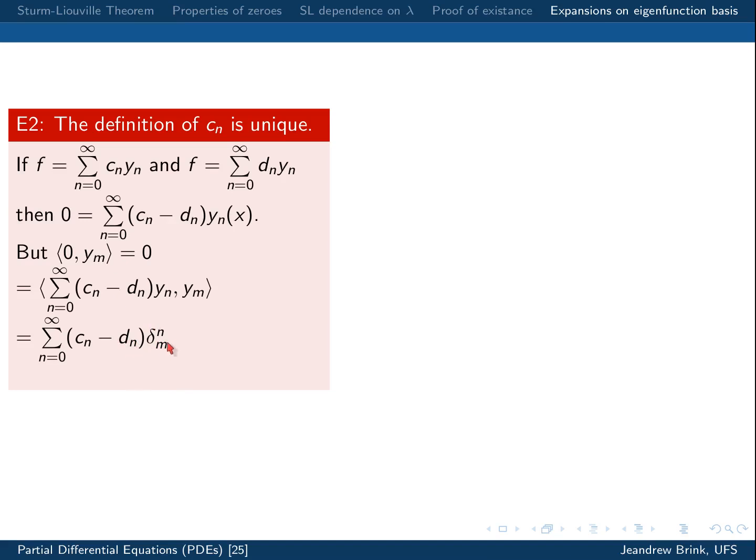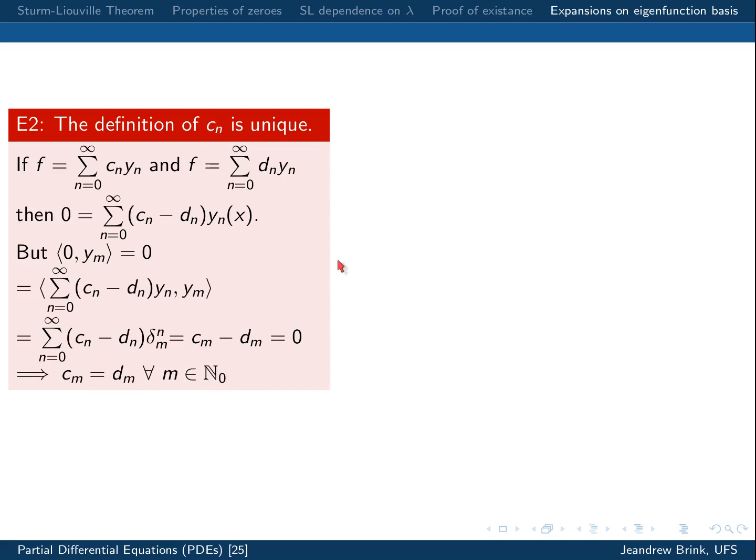So you collapse, because of the delta function you're only left with Cm minus Dm. You know that equals 0, so Cm must equal Dm for all m. Okay, which is enough to prove that your expansion is unique.